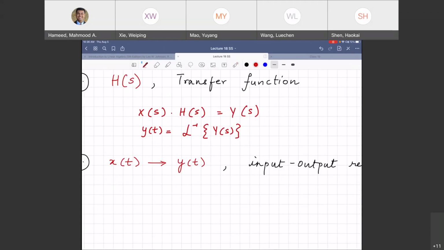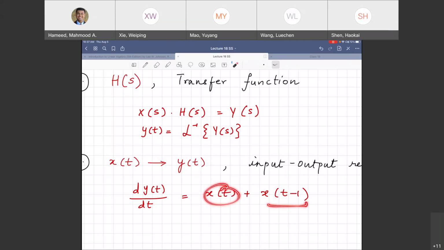For example, you can have the first derivative of the output with respect to time equals x of t plus x of t minus 1. That's a differential equation. It is giving you the direct relationship between input and output. Input is x, output is y. You take the input x and you add the delayed version of x, and it will give you the first derivative of the output y. That's an input-output relationship. ODE, ordinary differential equation.